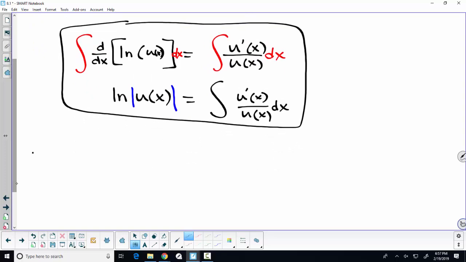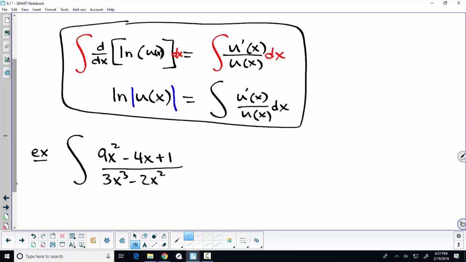So here's another example. If we had to find the antiderivative of 9x squared minus 4x plus 1 all over 3x cubed minus 2x squared plus x plus 4 with respect to x.